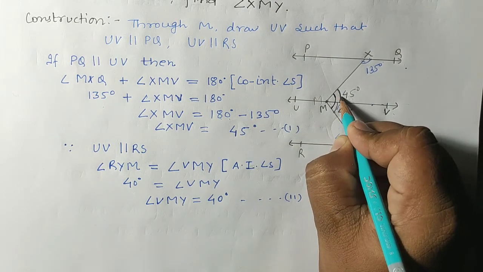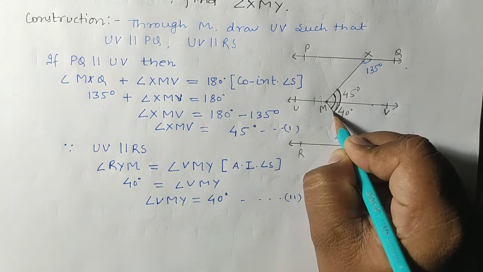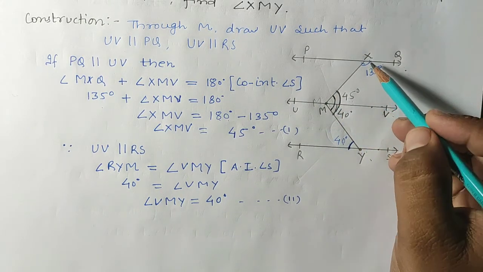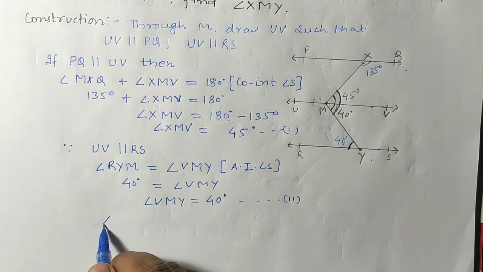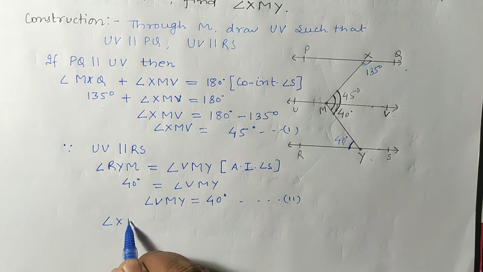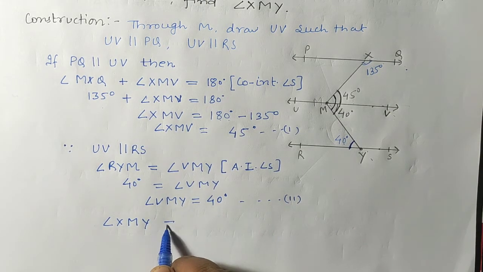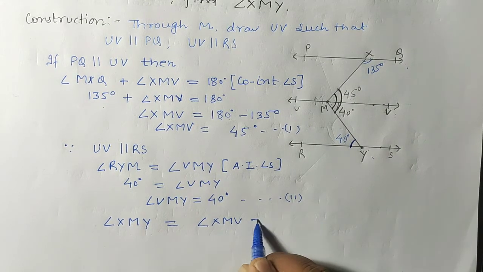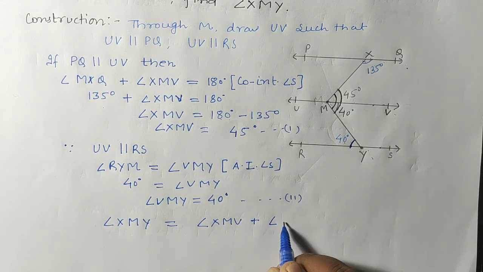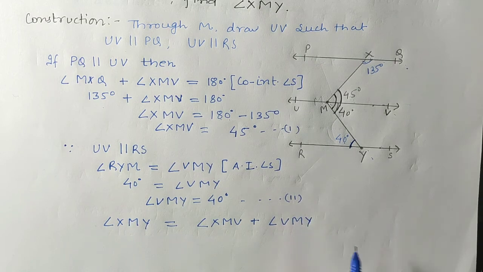Now we want to find the value of this whole angle, that is angle XMY. We'll write that angle XMY is equal to angle XMV plus angle VMY.